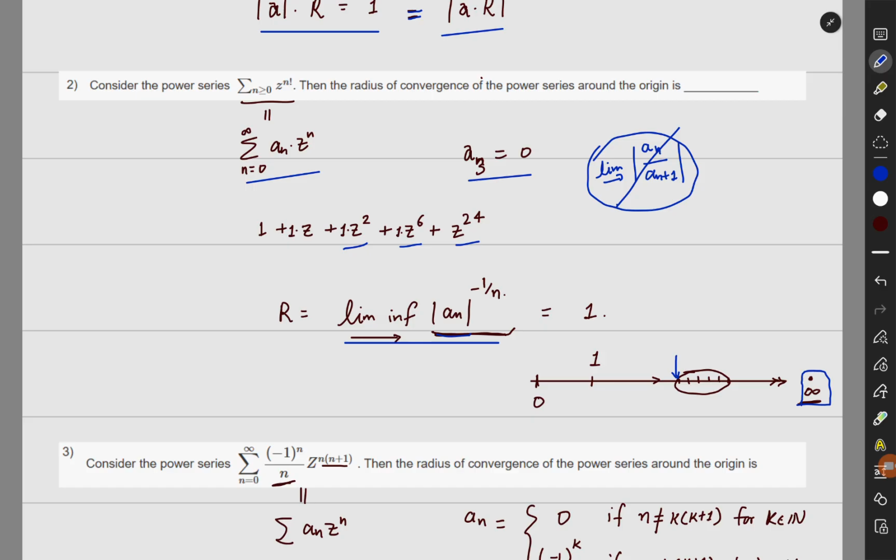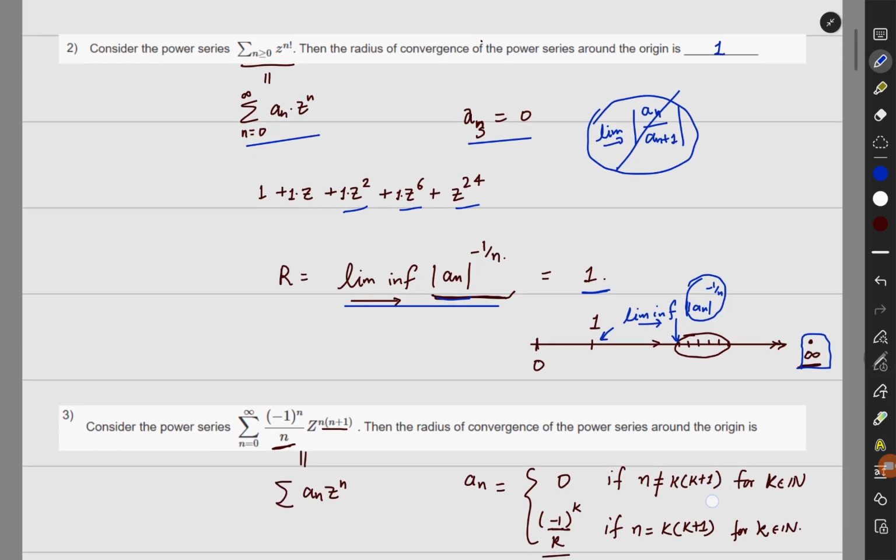In that case it is constantly equal to 1, and infinitely many times it is equal to 1. So the limit of mod an to the power minus 1 by n becomes 1, because this whole value becomes 1 infinitely many times. This gives us radius of convergence 1.